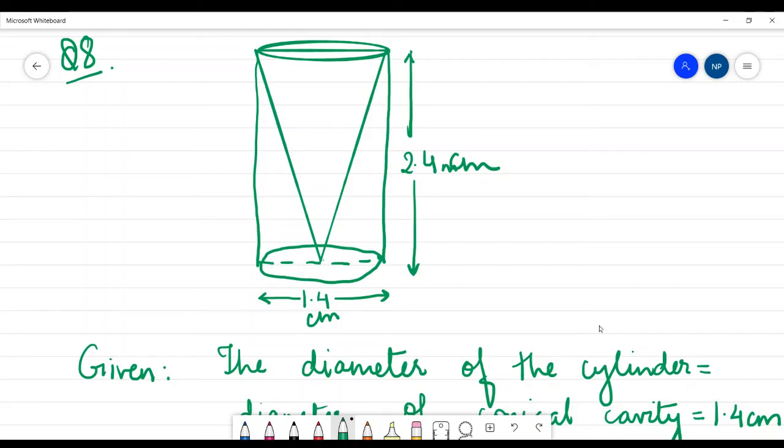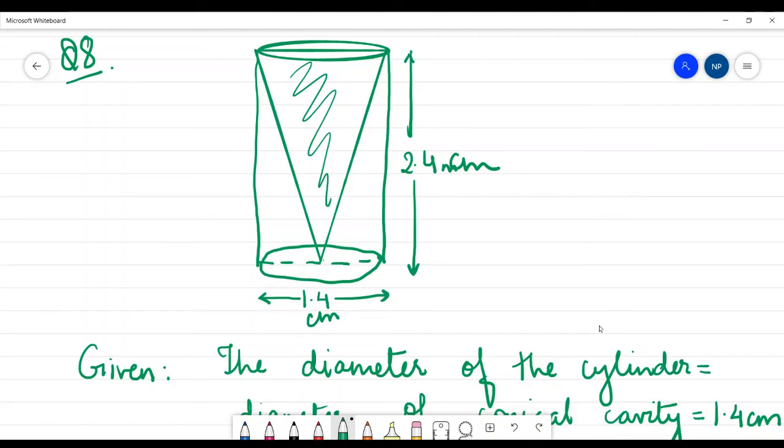Find the total surface area of the remaining solid to the nearest centimeter square. That means approximately we have to take out the total surface area. So the total surface area of the remaining solid, that means after taking out this particular cavity, how much of the surface area of the solid is remaining, that we have to find out.